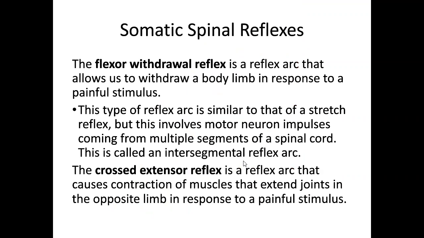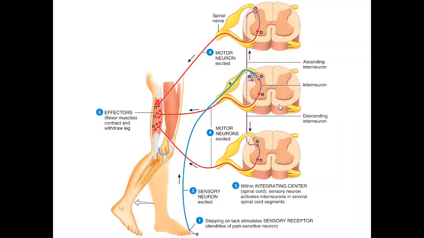Just super complicated, but basically it just means that we're going to use multiple spinal cord segments. When that signal comes into the back of the spinal cord, we also see synapse occurring with interneurons that carry the signal up and down using the white matter so that we activate not just one segment of the spinal cord, but multiple. Remember, inter means between, so intersegmental means between segments.